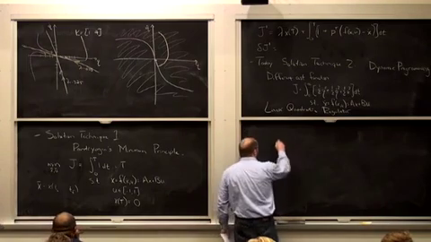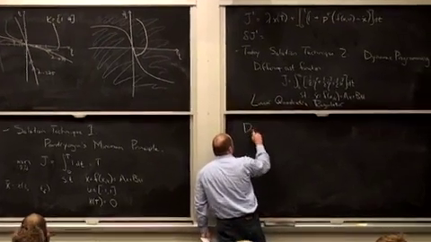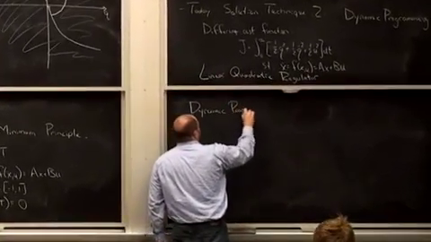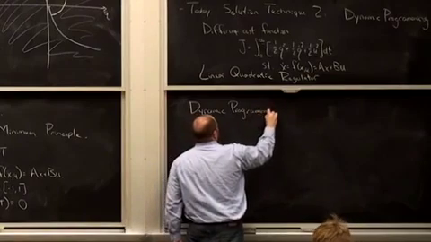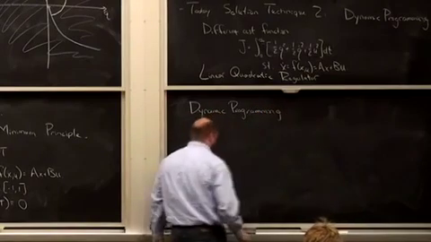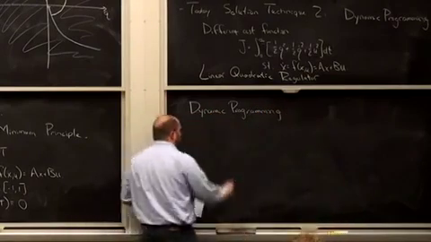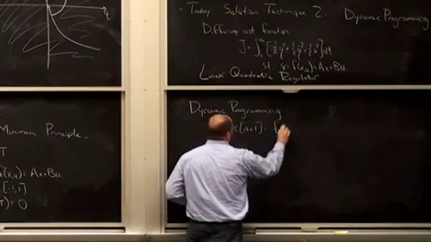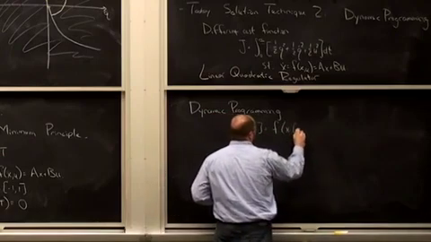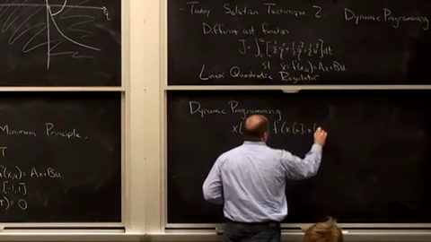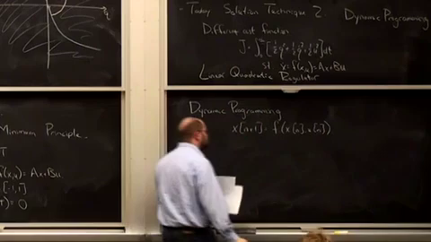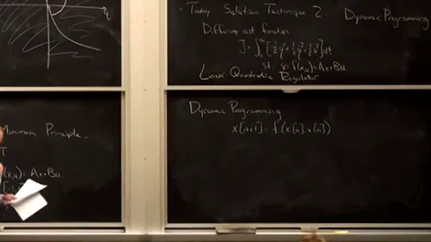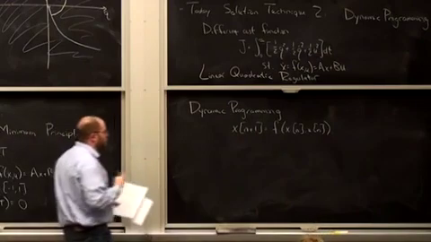So let's imagine I have a discrete time system. So x of n plus 1 is f of x n, u n. And I have some cost function.